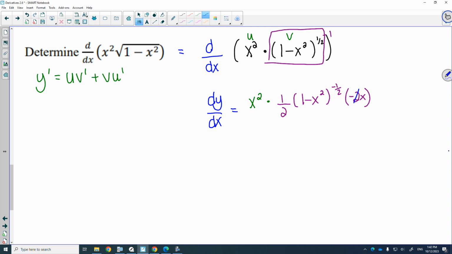And then 2 over 2 will cancel. So there's my u v prime plus v. So v was (1 minus x squared) to the 1 half. So u v prime plus v, and then u prime would be 2x.